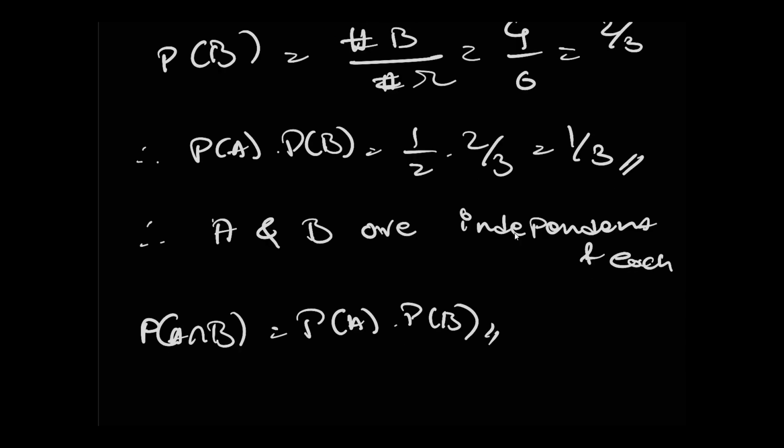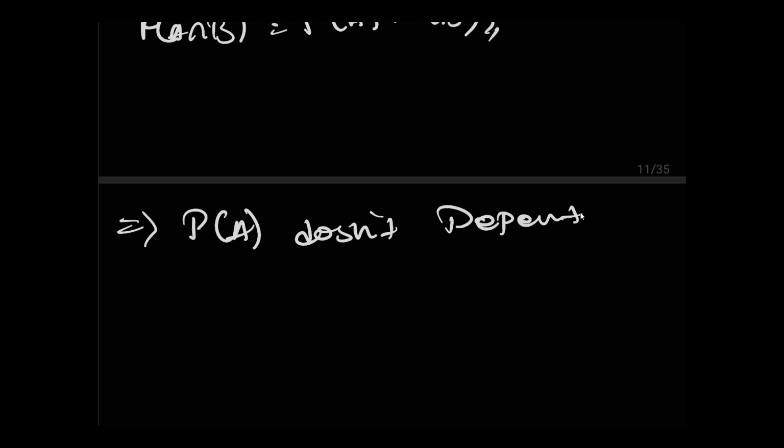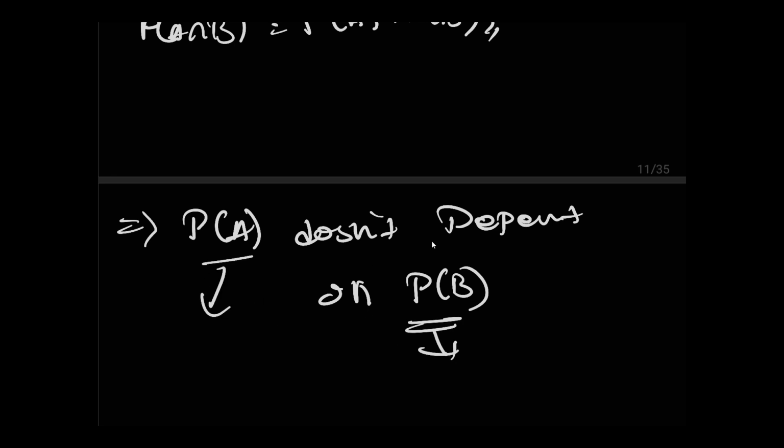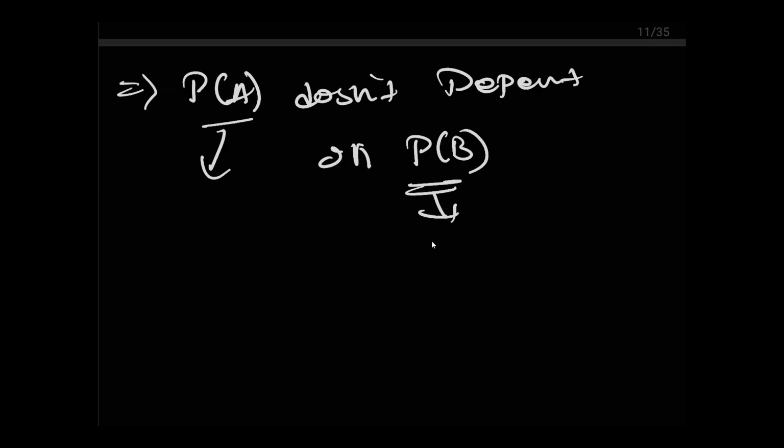Now, why are they called independent events? Because the probability of one is not dependent on the other. That is, probability of A does not depend on probability of B. Probability of B can be anything and A can be anything, but these two do not depend on each other.